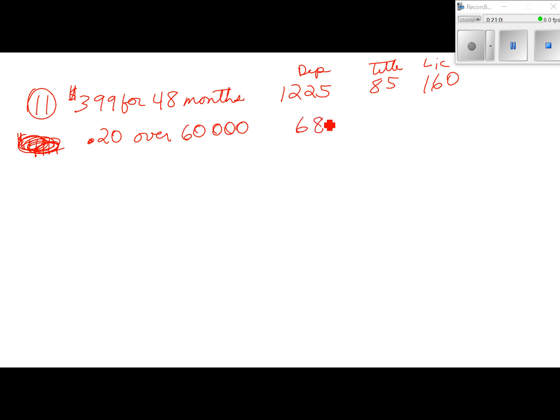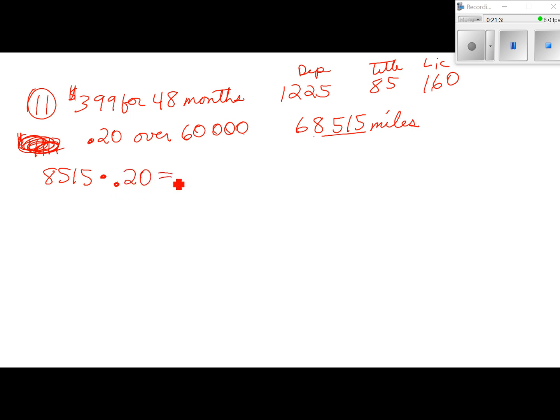68,515 miles is actually what he puts on it. If we just subtract these two, that's going to be 8,515 more miles that they're going to charge him for. So they're going to take that 8,515 and times it by the 20 cents.